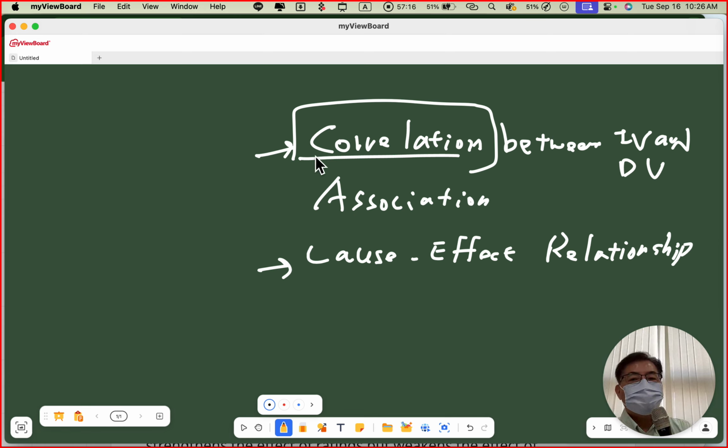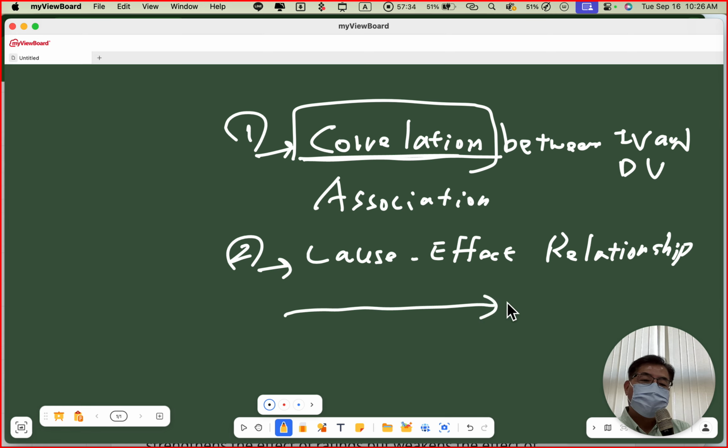If you want to talk about the cause and effect, you have to specify the condition, that the variables have correlation. Then second, we have to specify the cause and effect relation by the time zone. The time point 1 and time point 2.